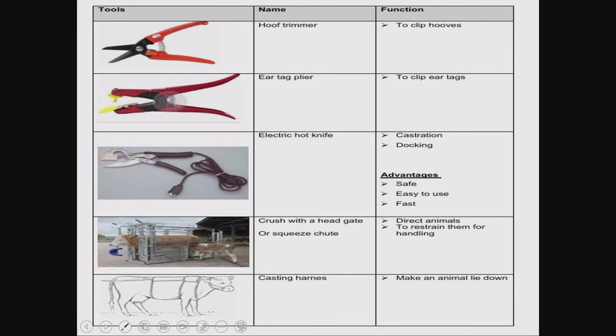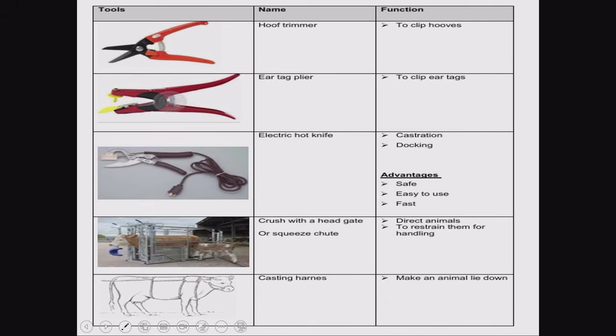So on the next slide, I have a hoof trimmer that is used to clip hooves, and I have an ear tag pliers that is used to clip ear tags on the animals. So ear tags are used for identifying animals. You also have an electric hot knife that is also used for castration and docking. Castration, I already mentioned, is a procedure whereby the testes are removed.